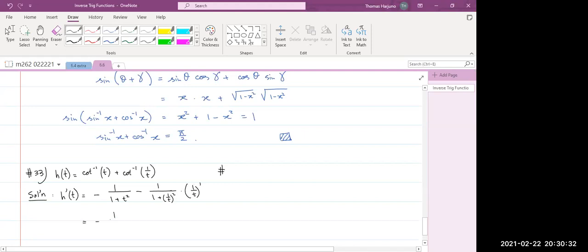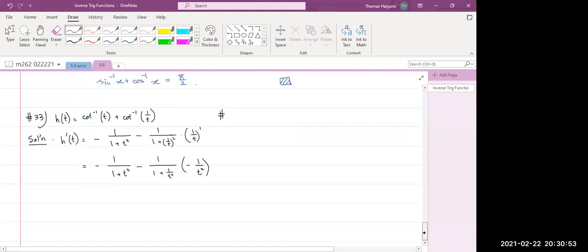It's negative 1 over 1 plus t squared minus 1 over 1 plus 1 over t squared times negative 1 over t squared. Oh, you know what? The negative with negative cancels.